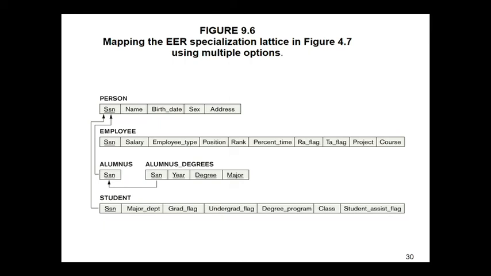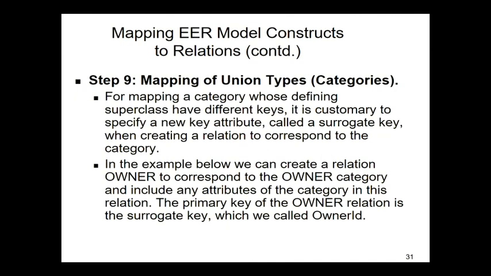In this case, we have a person and the student or an alumnus. We have alumni degrees associated with that, and obviously they can have more of those. So again, we just see the different kinds of things that they're laying out here.